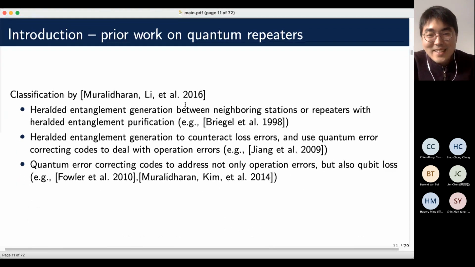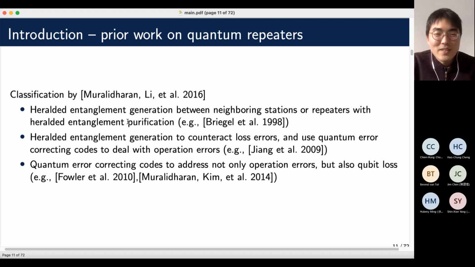In this slide, I just summarized only a few prior works on quantum repeaters and this entanglement generation problem. So here in the work by Muralidharan, Lee, and other people, they classified many schemes into three classes.